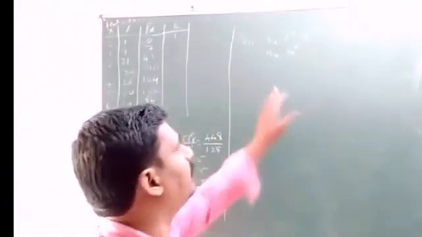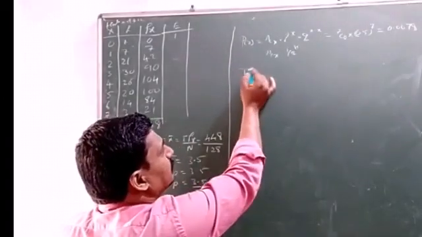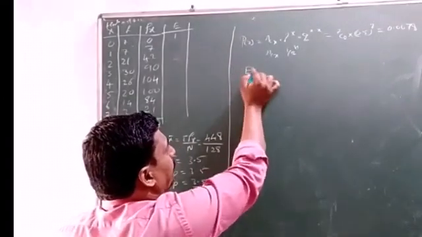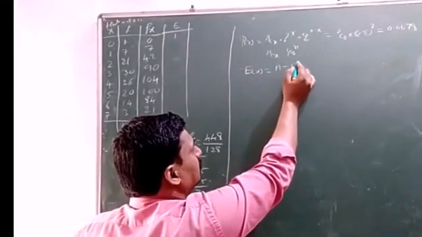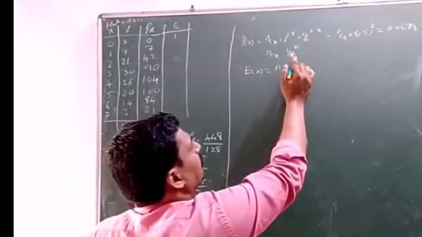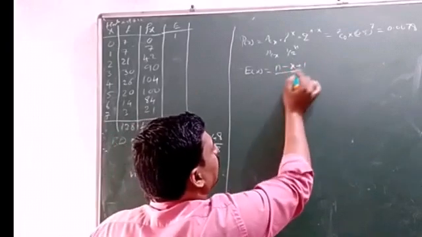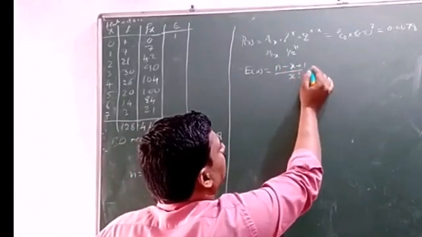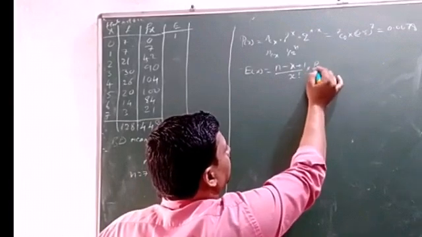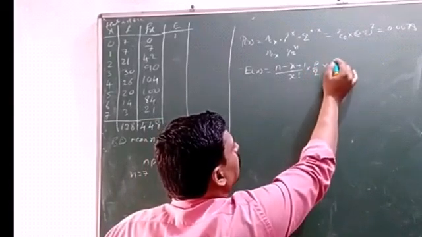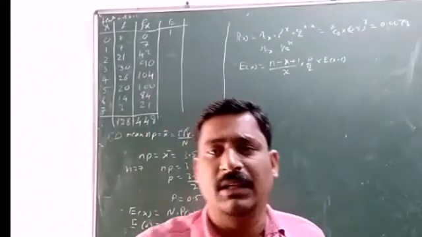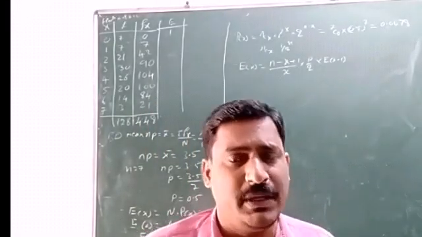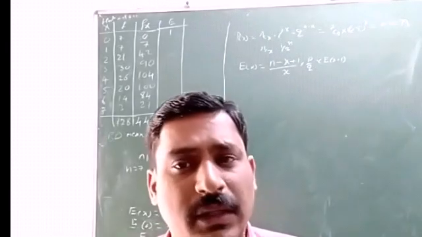Next, the recurrence relation: E of x is equal to n minus x plus 1 divided by x into p divided by q into E of x minus 1.